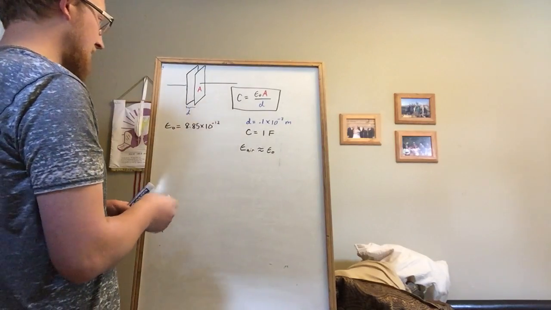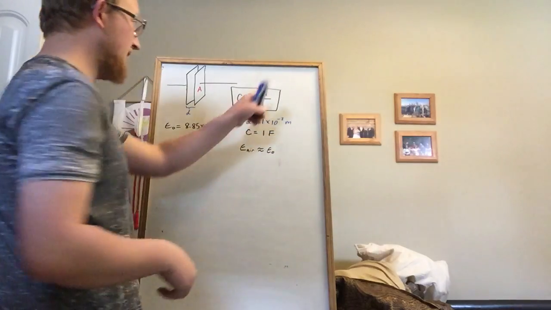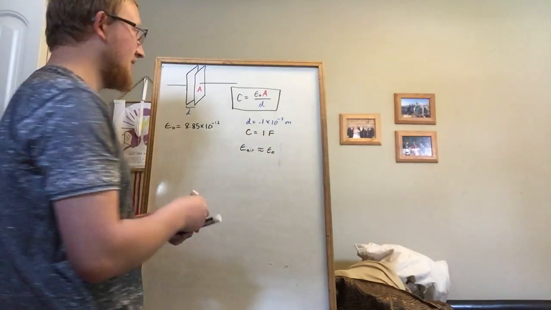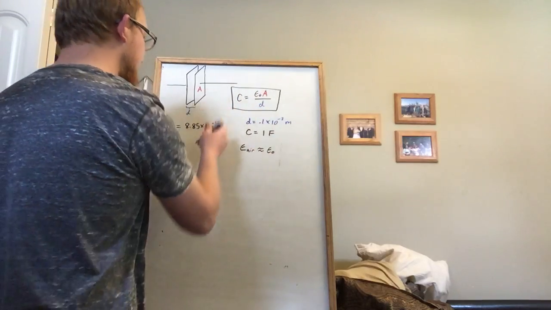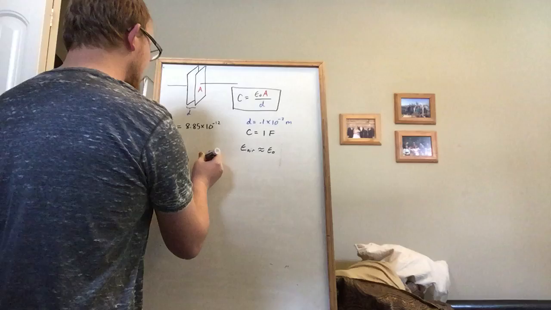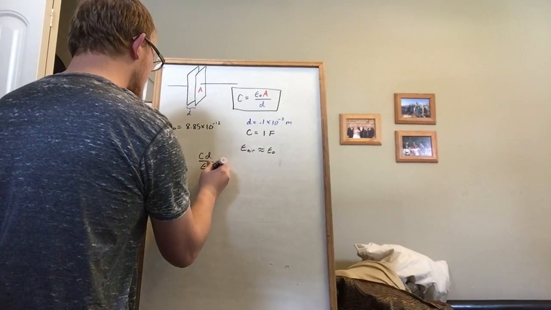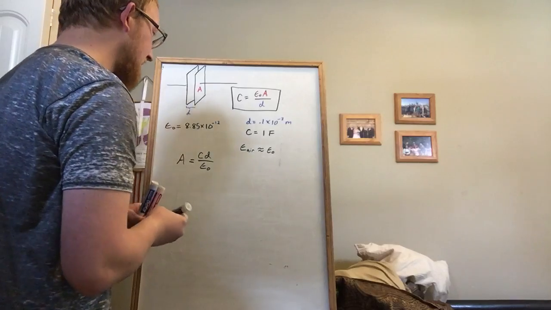Alright, so let's set it up and write in what we know. We don't know the area, so that's what we're solving for. So let's go ahead and rearrange this equation by multiplying by d over and then dividing by E0, rearranging this to solve for area, which is our unknown.